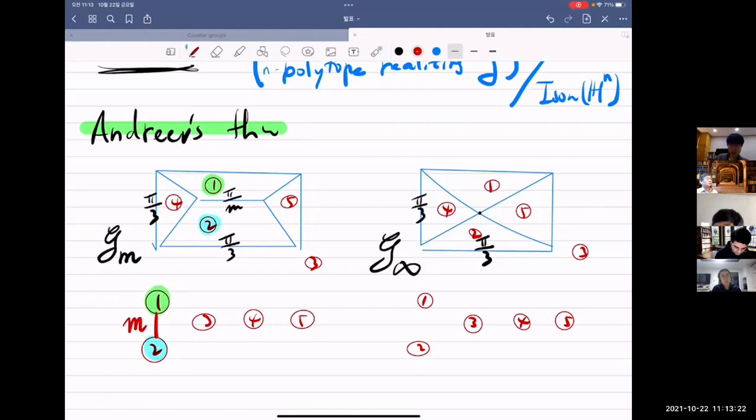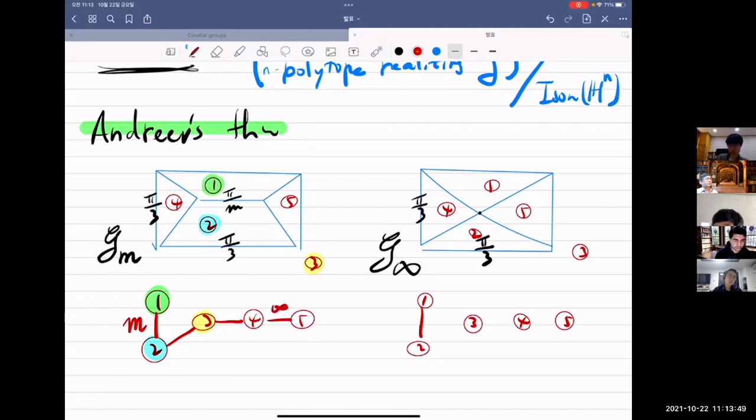And for example, 2 and 3, here this is 3 and this is 3. Again, they are adjacent and the angle is pi over 3. So I put here the edge, and I want to also put 3, but usually we omit this 3.